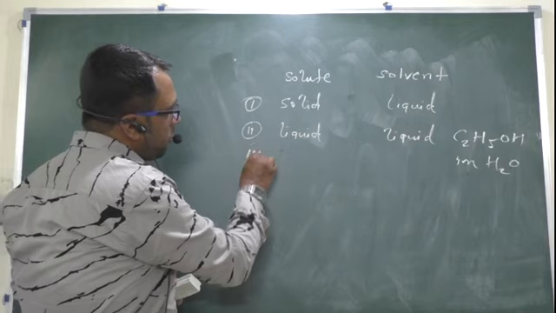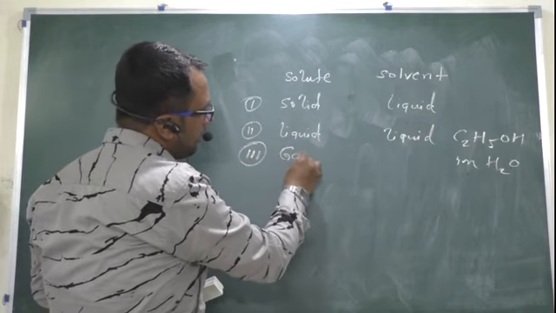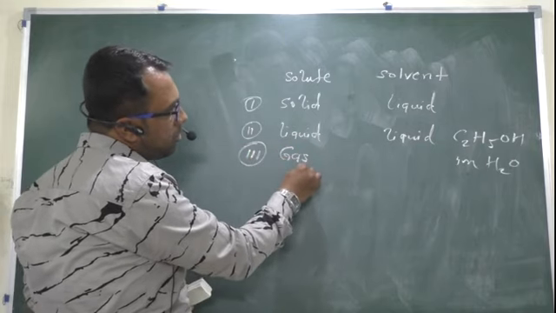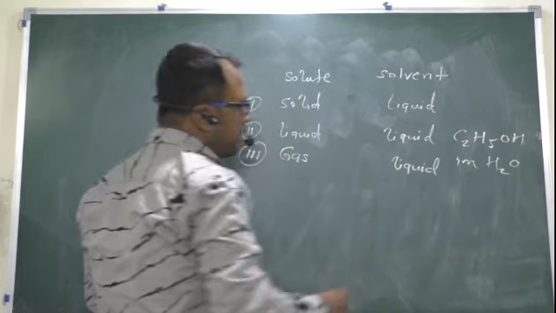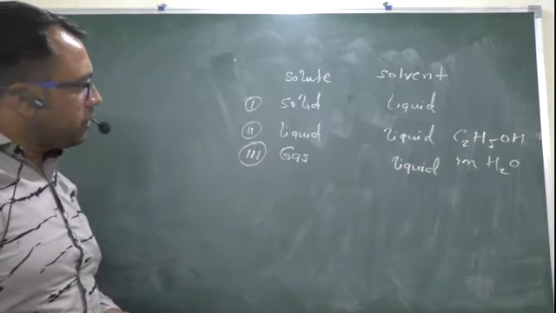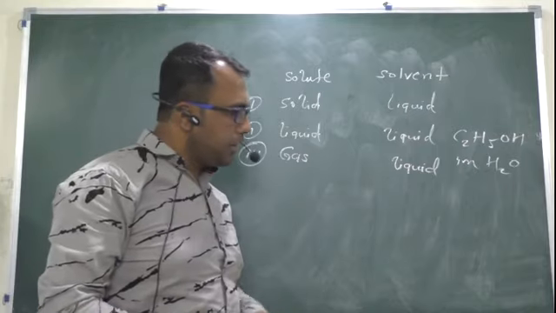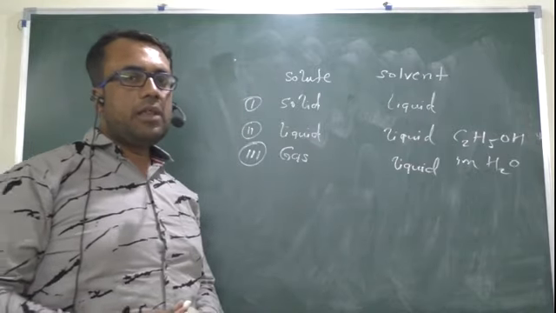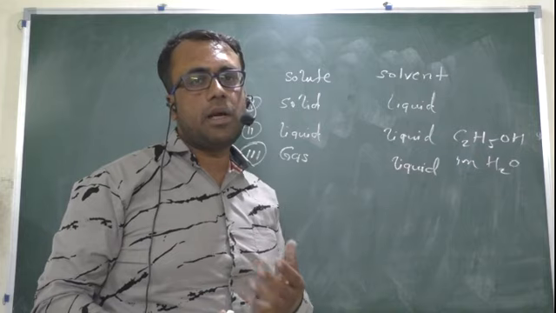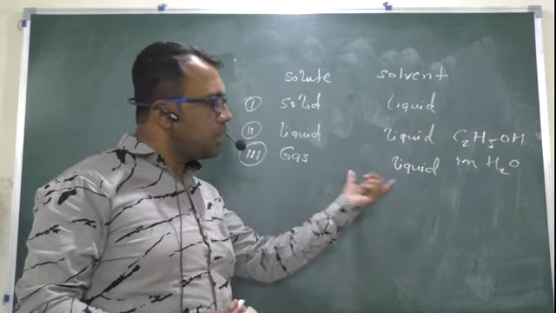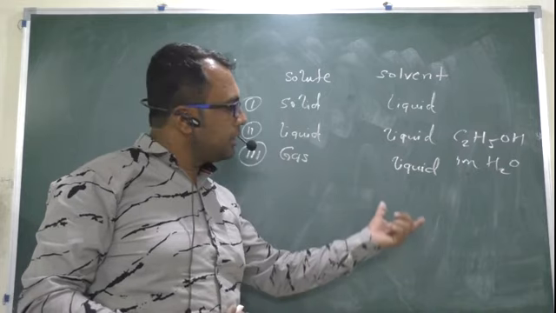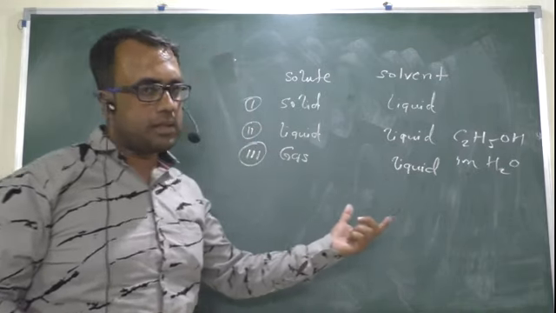The third type of solution based on interaction is when you dissolve a gaseous solute in a liquid solvent. My dear students, please remember that when you dissolve a gas in a given liquid, the pressure of the gas has to be quite high, and the temperature of the liquid at which you dissolve the gas has to remain constant.